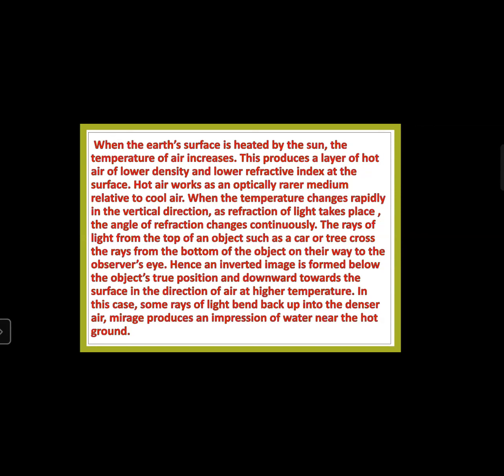When the light rays pass from the cool air to the hot air, the mediums are different. Cool air has more density than hot air. When the earth's surface is heated by the sun, the temperature of the air increases, producing a layer of hot air of lower density and lower refractive index at the surface. So there are two layers, cool air and hot air.